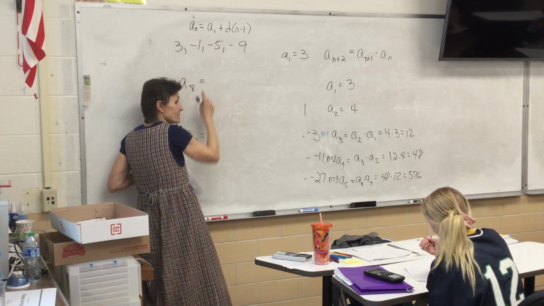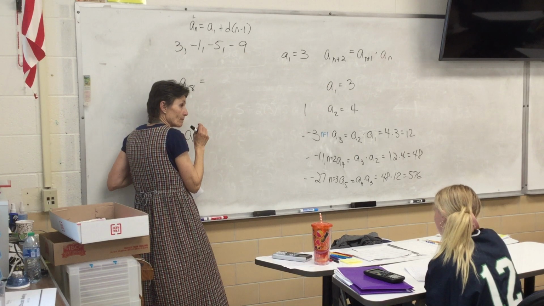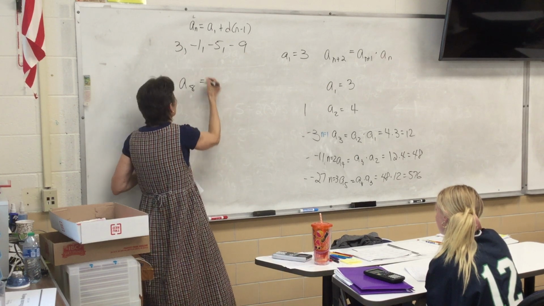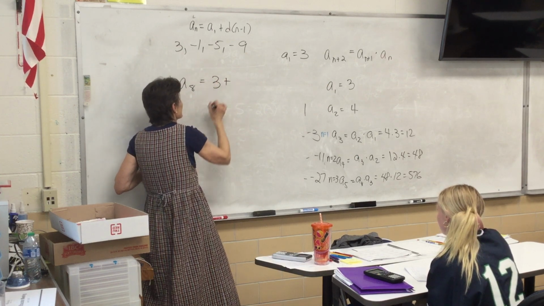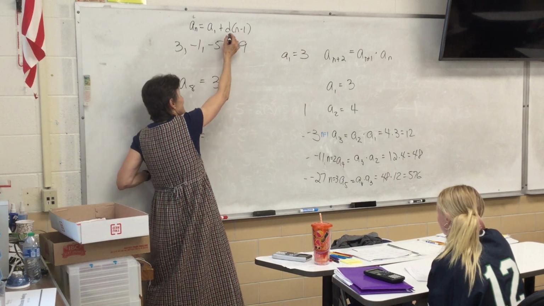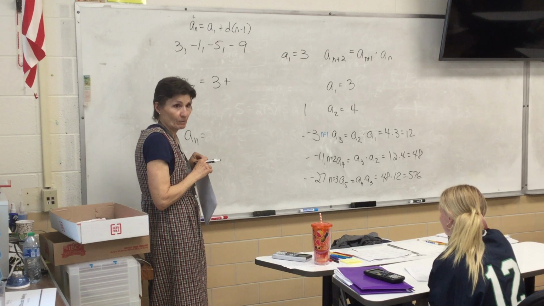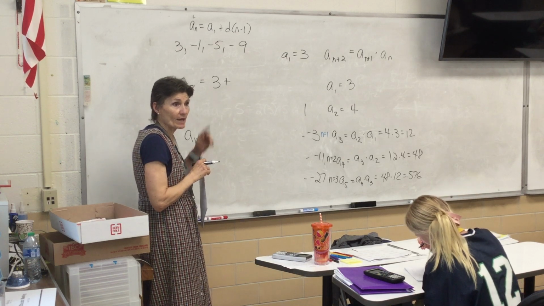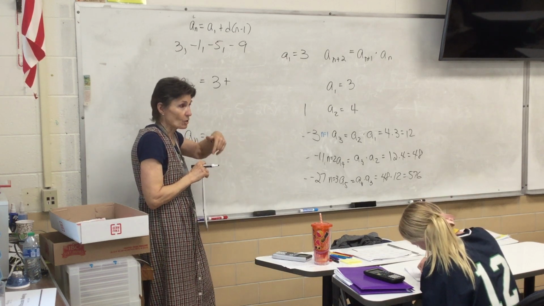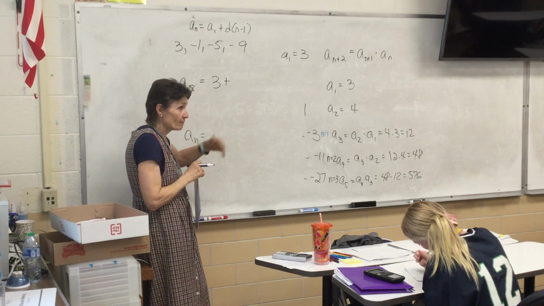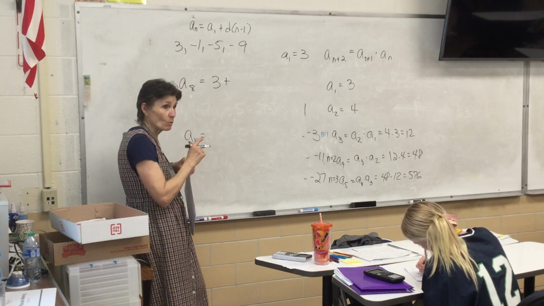What does a sub 1 stand for? First term, which is 3. What does d stand for? The common difference, which is the number that you keep adding. So that number is -4.